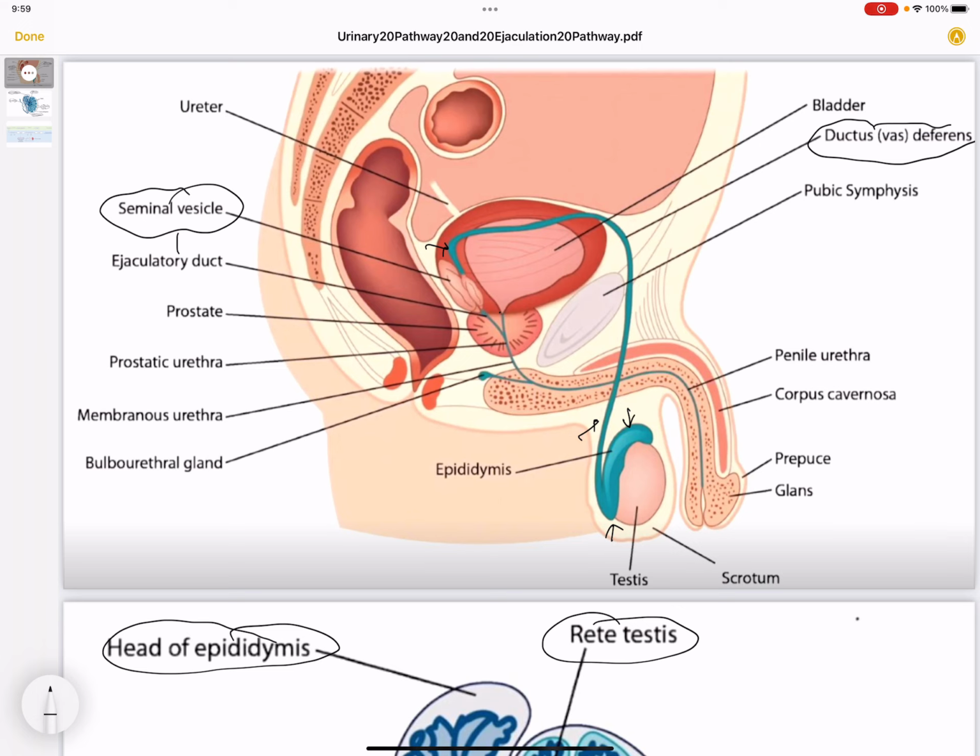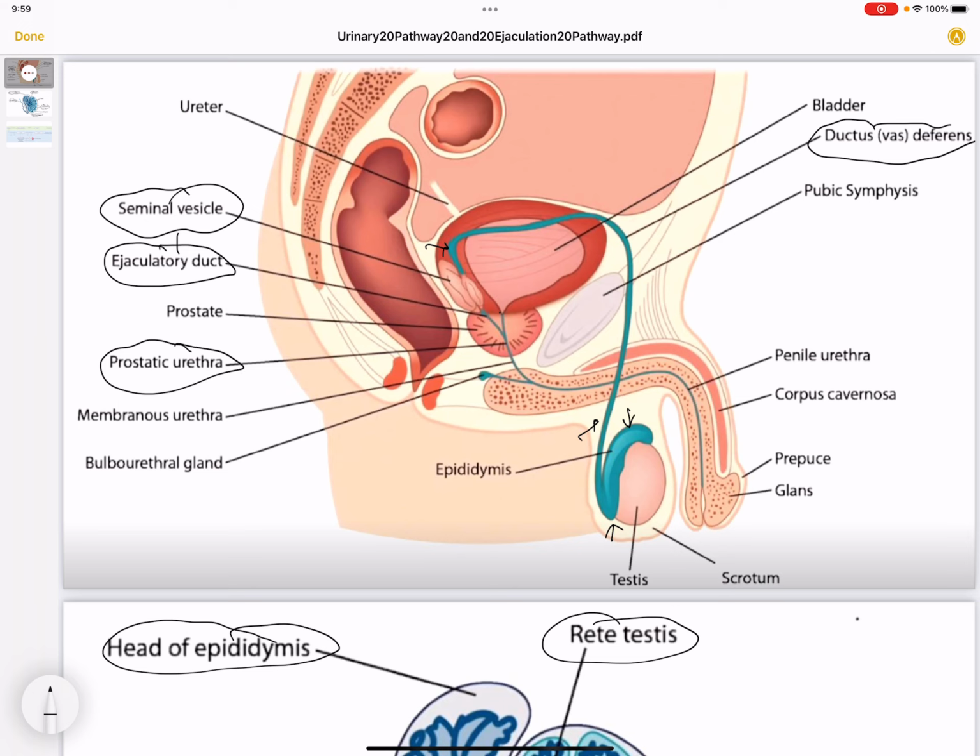Another reason is because this creates an ideal environment for the sperm to function in. Now that we have secreted the alkaline solution, the seminal vesicle is going to secrete its contents to the ejaculatory duct. From the ejaculatory duct, it is going to reach the prostatic urethra.